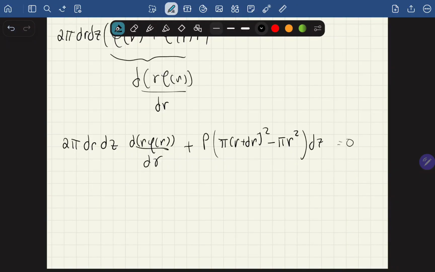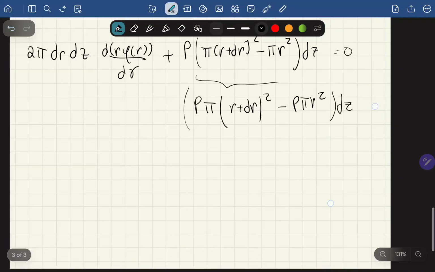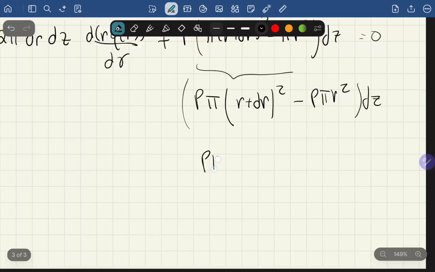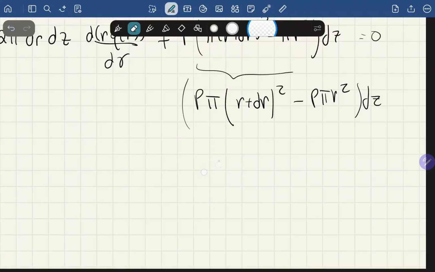Now we can work with this term right here. This would be p times pi can go out, it multiplies (r plus dr) squared minus pi r squared dz. Hold on, I think the best way to do is just to do it traditionally and expand this.